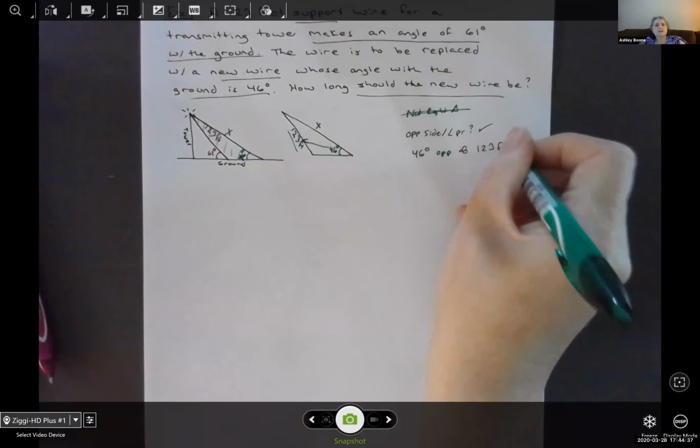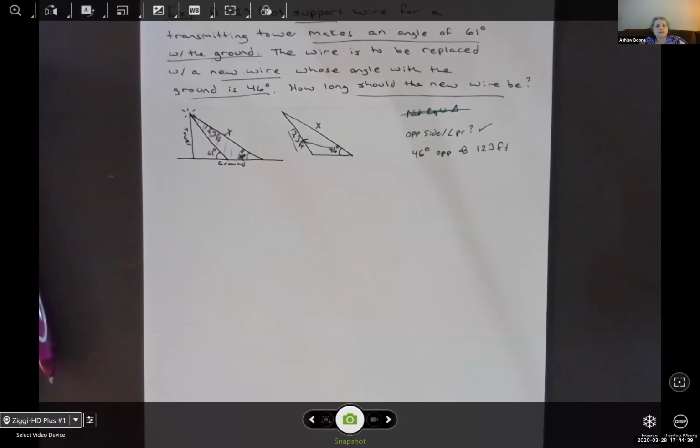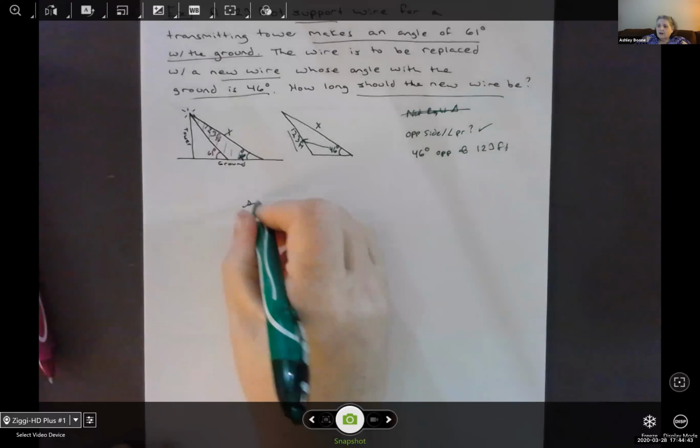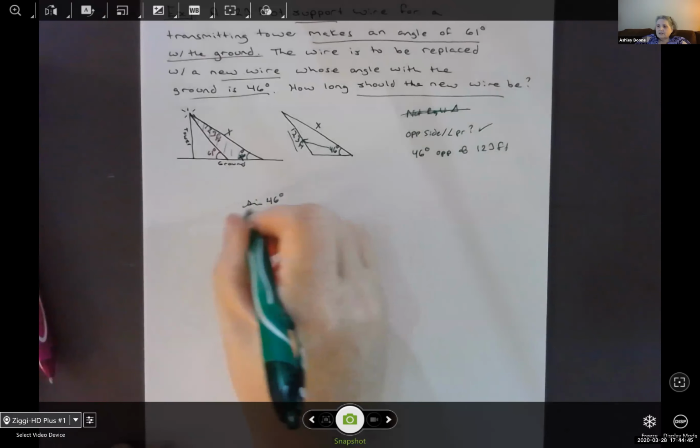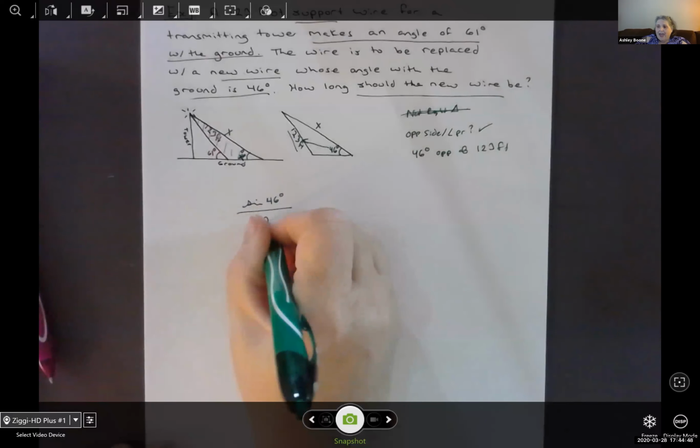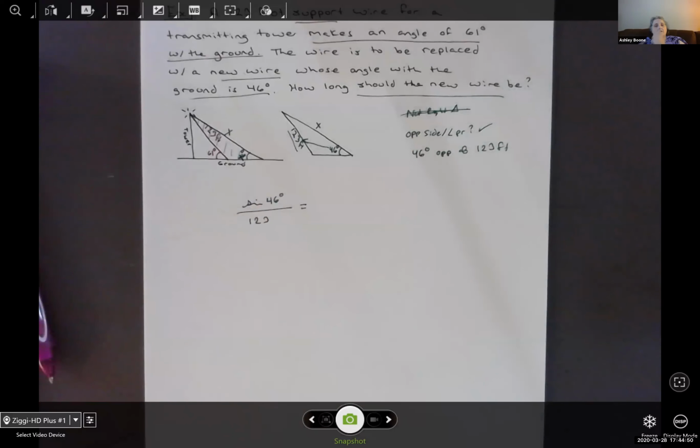Okay, 46 degrees and 123 feet are opposite of each other. So I know I can look at a ratio. Sine of 46 degrees is to 123 feet as something else happens.